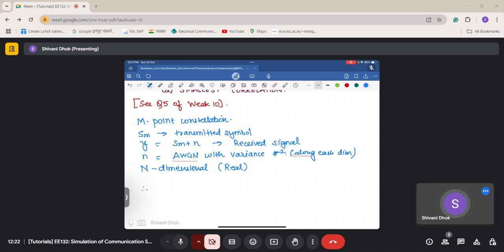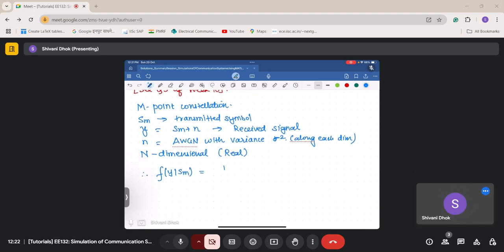So therefore, the PDF of y given Sm is given by 1 upon (2 pi sigma square) to the power n by 2, e power minus norm of y minus Sm square divided by 2 sigma square.